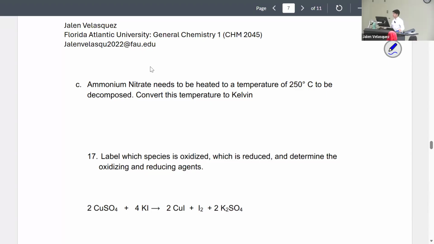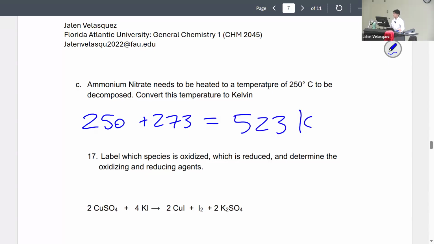So what's 250 Celsius in Kelvin? Good. 523, right? So you take your temp in Celsius plus 273, and you're gonna get 523 Kelvin.